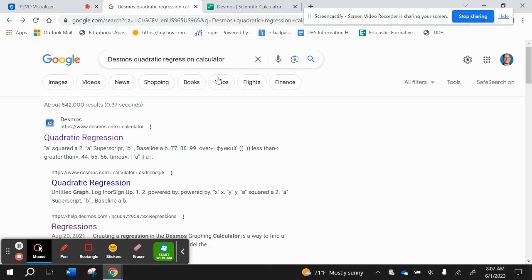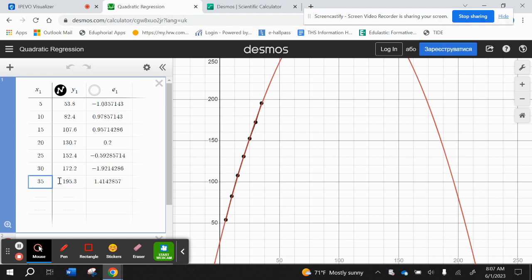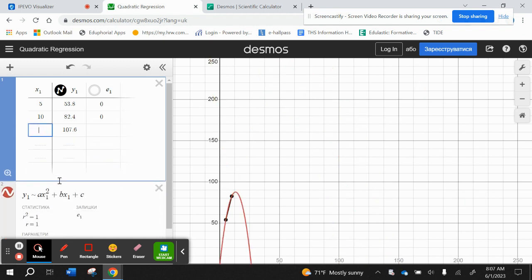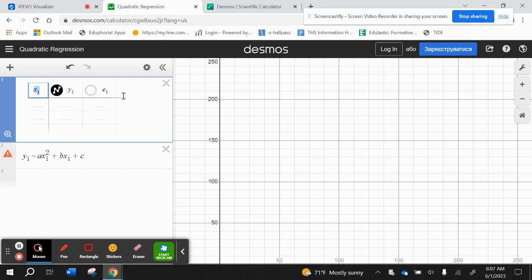All right. So I Googled Desmos quadratic regression calculator. This came up. Now you'll see it comes with data, so we need to go through and delete this. Now we're going to fill in our table.